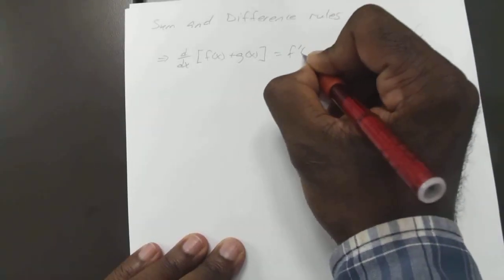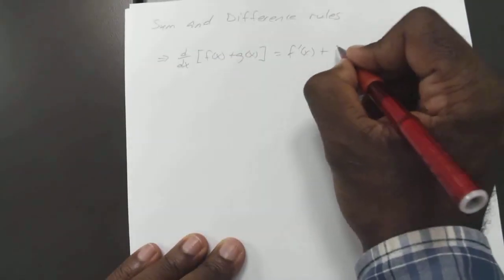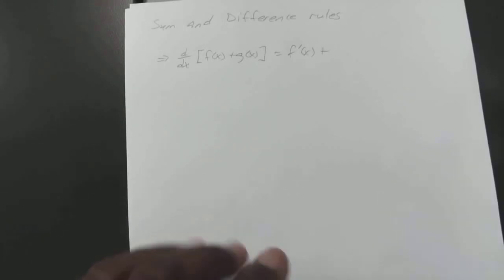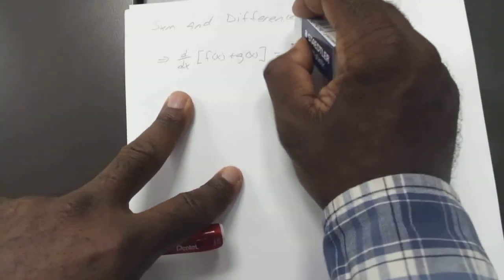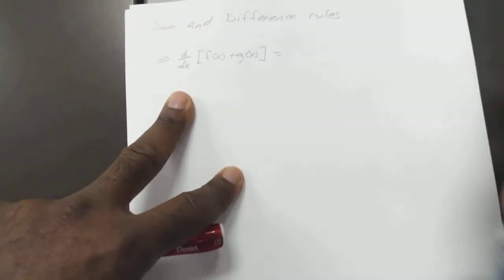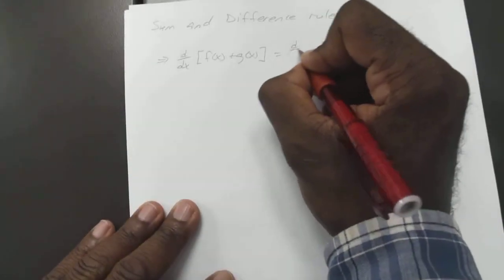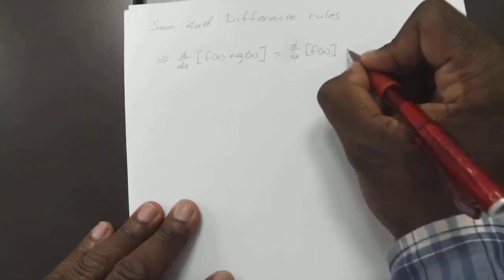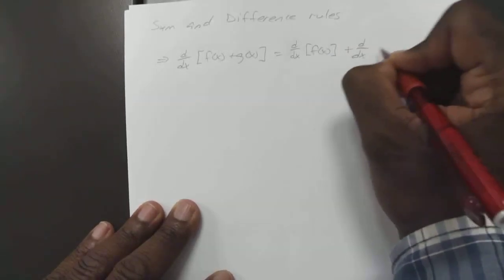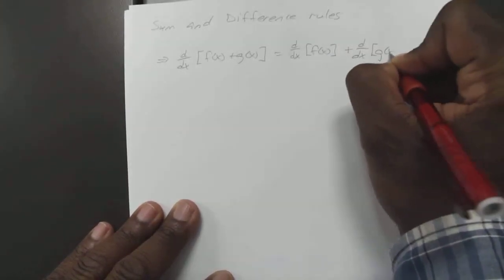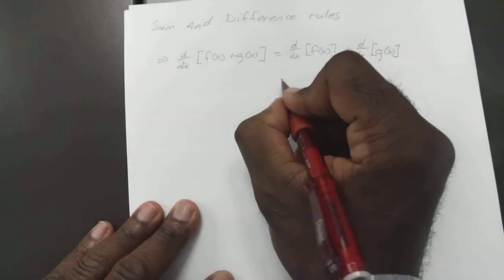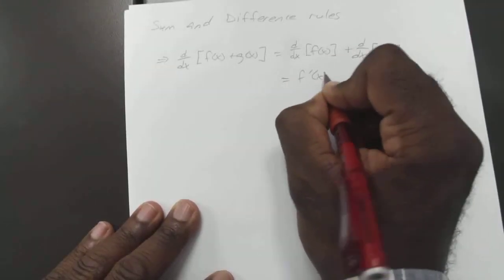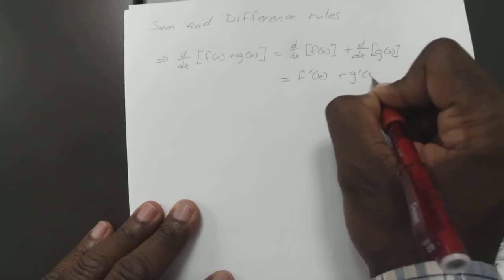So it's going to be the derivative with respect to x of f of x plus the derivative with respect to x of g of x, which is just f prime of x plus g prime of x.